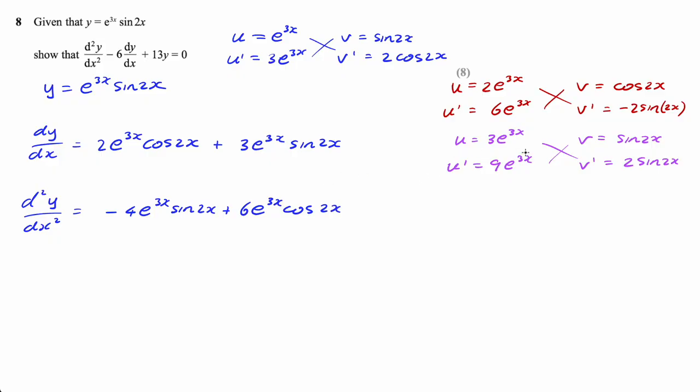And this times this, so it's plus 6e to the 3x cos 2x, plus this times this, 9e to the 3x sine 2x. Sorry guys, I've made a mistake there.